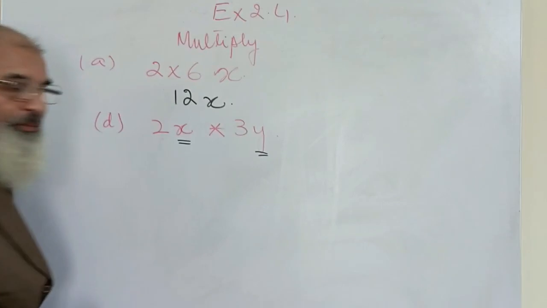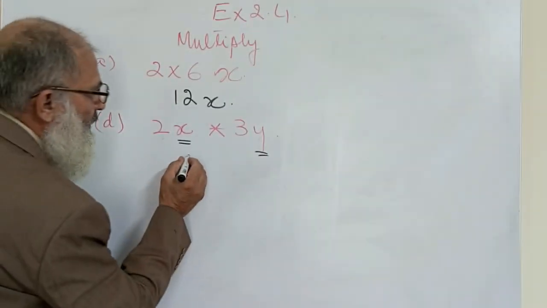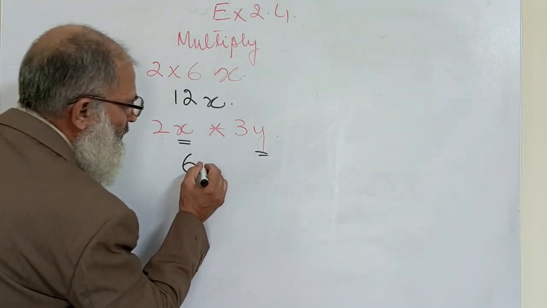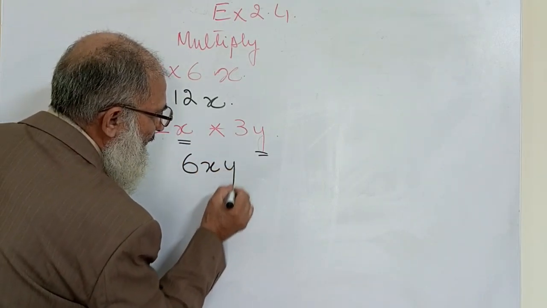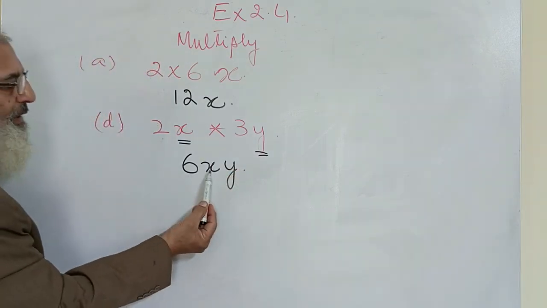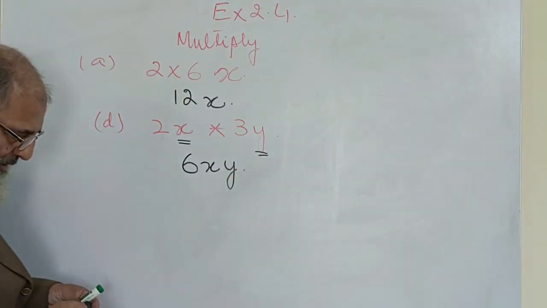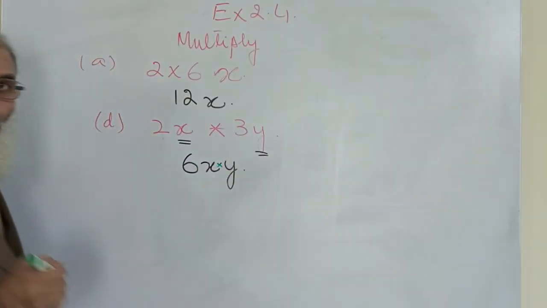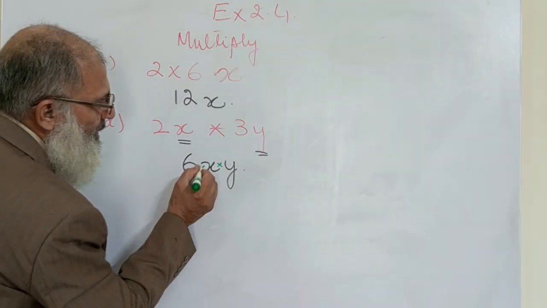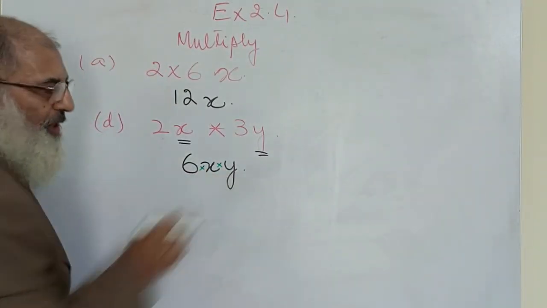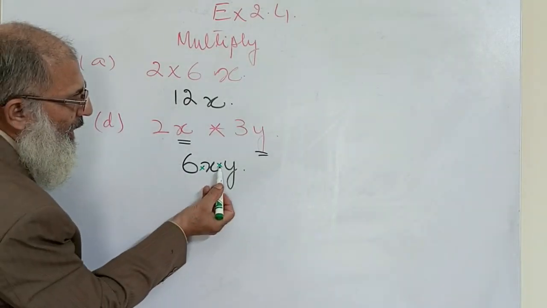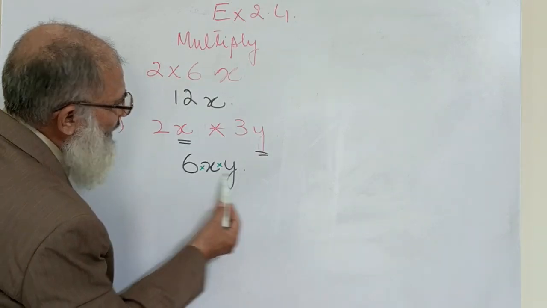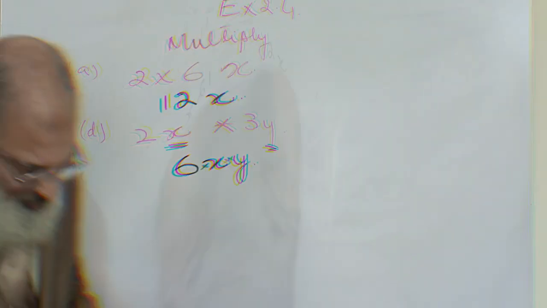Just multiply the coefficients. It will become 6. And what about the variables? Write the variables as they are, because these are being multiplied over here. If I put a sign of multiplication, which has been omitted, you see that these all are being multiplied over here. Now these signs are already omitted, as I told you. So 6xy is the correct answer for this question.